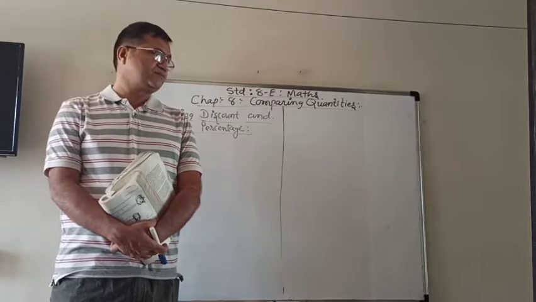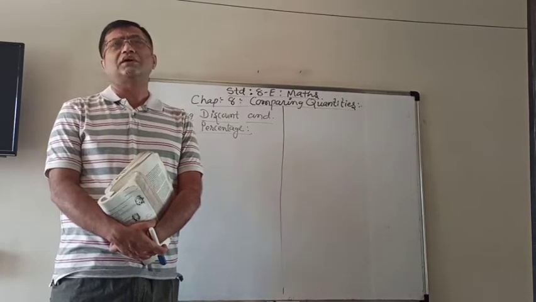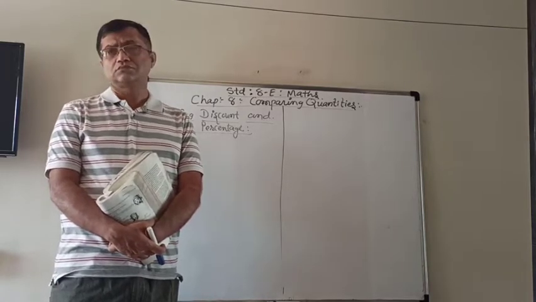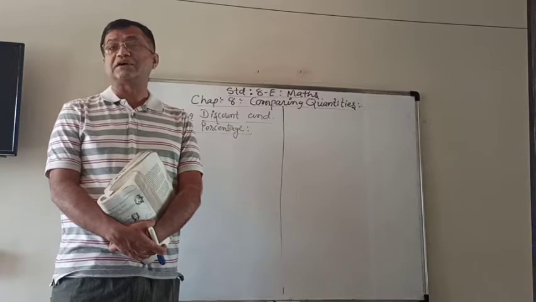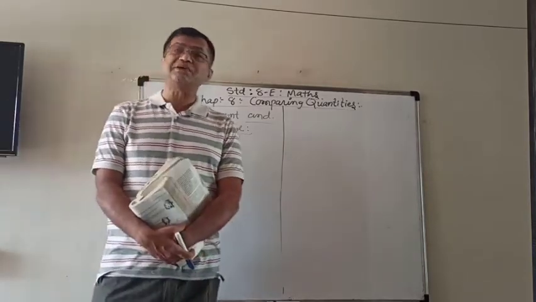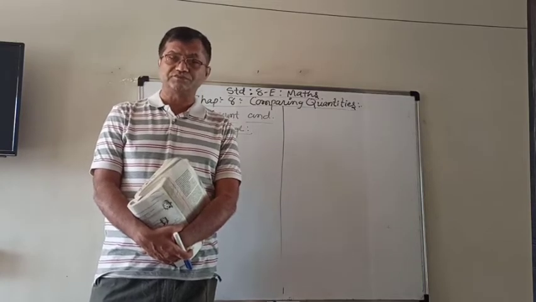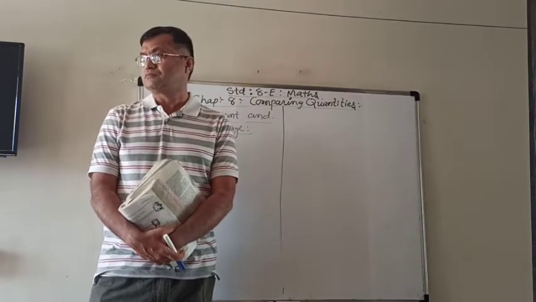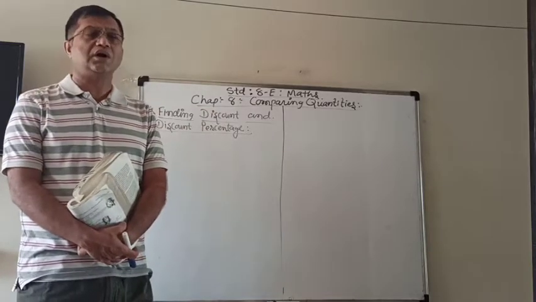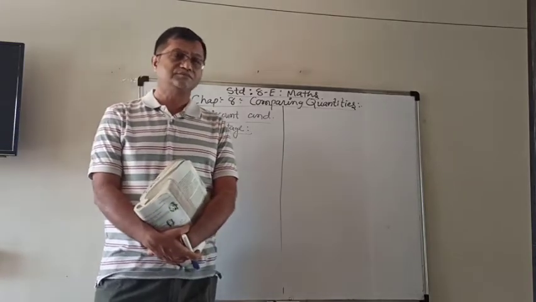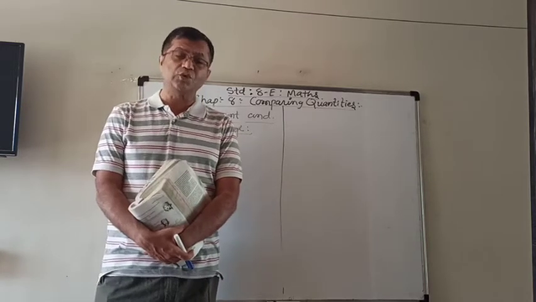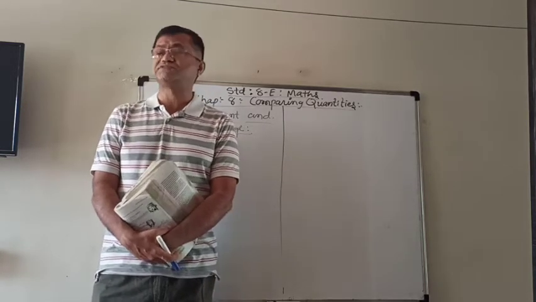That is the trick of the businessmen to attract the customers. They give some discount. The shopkeepers give discount to the customer. So the customers are attracted to buy those items.